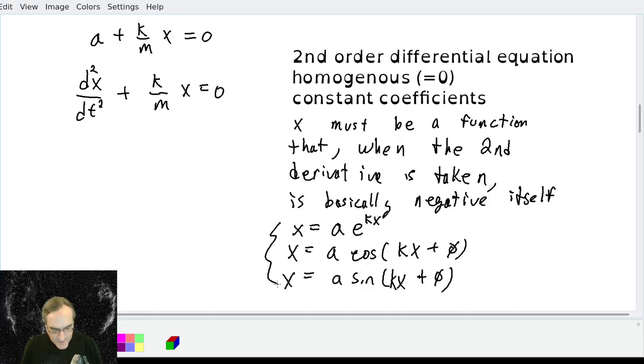For now, I'm not going to talk about in detail how you solve the general case equation, although I will talk about that in a supplementary video. But we're going to assume one of these forms. And since we already know it oscillates back and forth, that means it looks like a sine or a cosine. And I'm going to choose the cosine. So x, I'm assuming, has some form a cosine of, I'm actually going to call it not k here, but omega times time plus a phase.